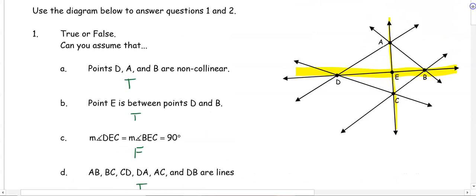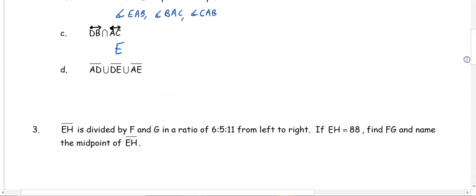So if we look at segment AD, segment DE, and segment AE, they are forming a triangle. So we're going to put our triangle symbol with those three letters. So this would be triangle ADE. Remember that you can put the three letters in any order you want.